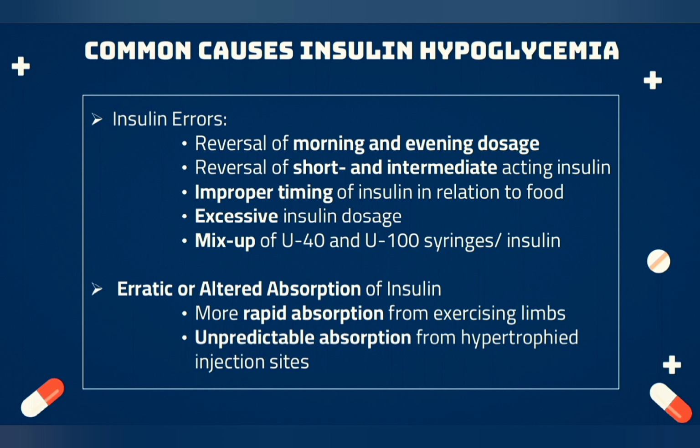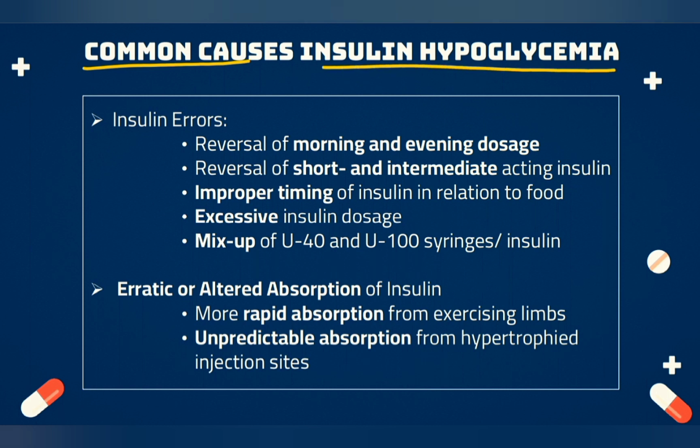Let's discuss what are the common causes that produce insulin hypoglycemia. The first one is insulin errors. There are two kinds of reversal which may cause hypoglycemia. The first one is if there is reversal of morning and evening doses of insulin, if we have changed or reversed the morning dose into the evening or the evening dose into the morning dose.